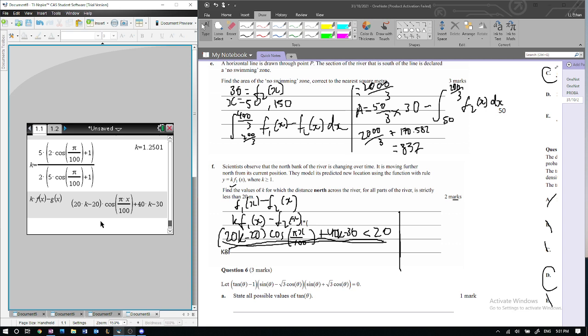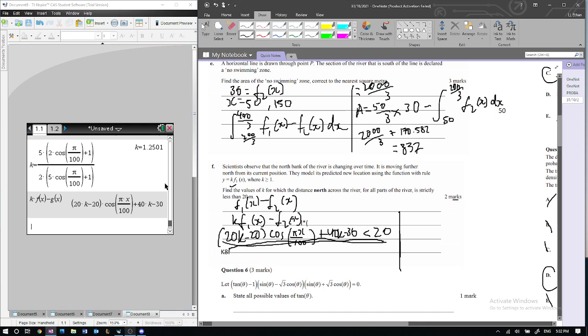I'm going to look at my exam that I did and see what I did. Oh, okay, that makes so much sense. Because you're trying to find this such that it's always less than 20, it's like saying that the max value will be less than 20, and to find the maximum value, you need to derive.